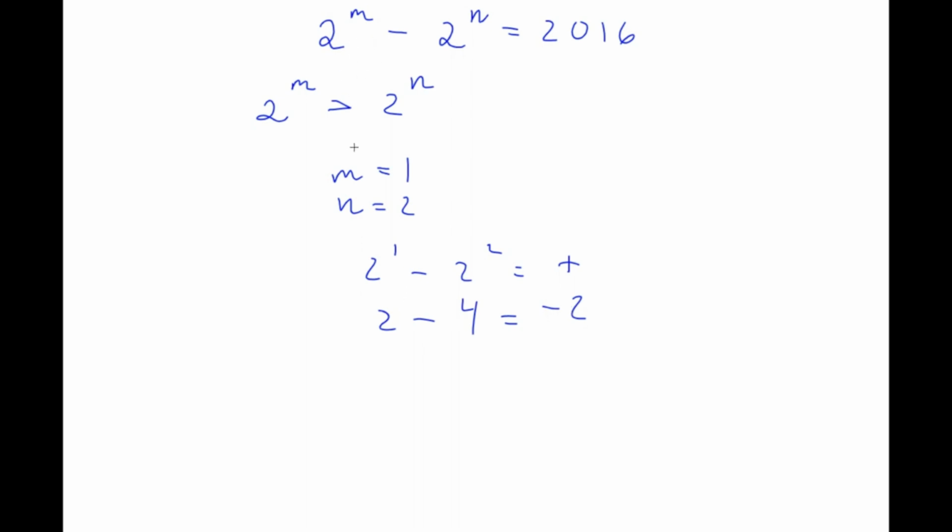So because 2 to the power of m is greater than 2 to the power of n, this also means that m is greater than n because both have bases of 2. So now I'm going to set m equal to n plus some constant k.